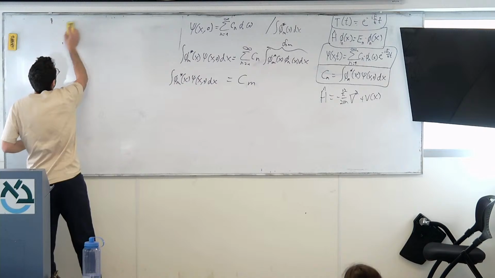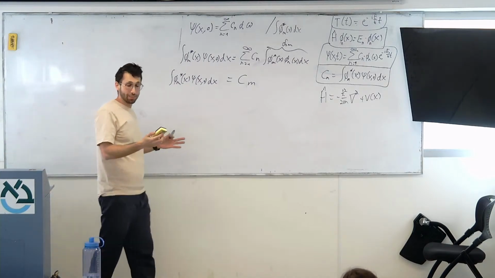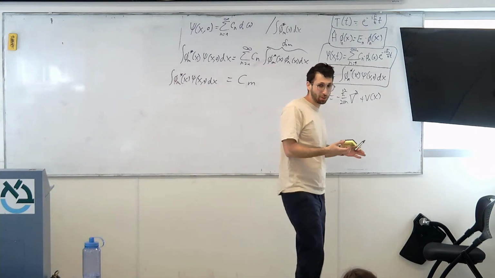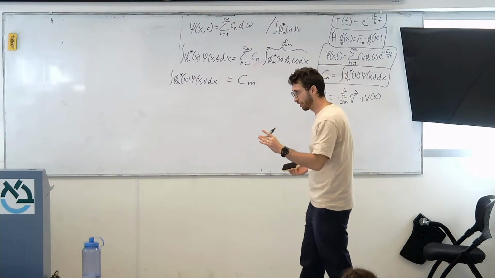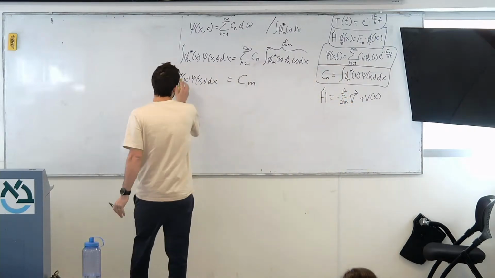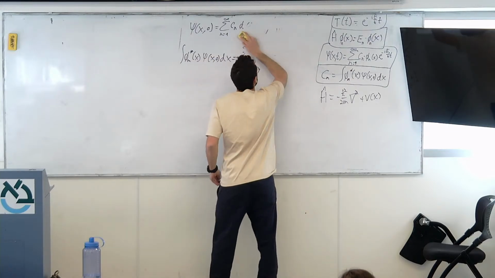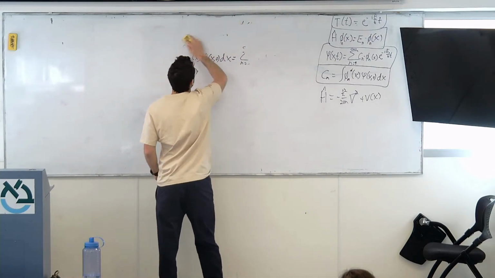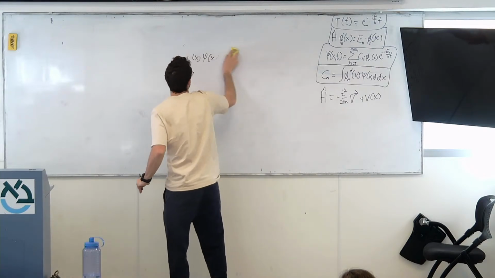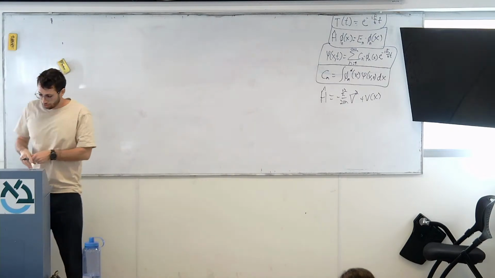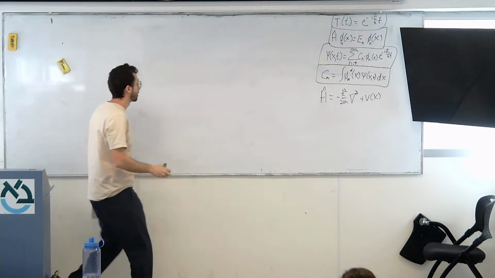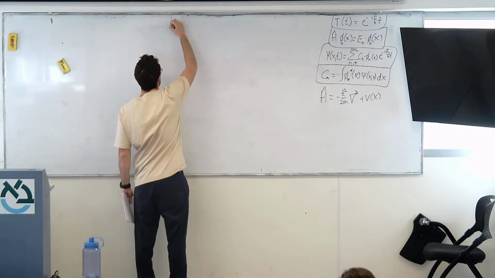So up until now, what we did is something very general for the Schrödinger equation. Now we're going to solve the specific problem of the infinite well. So how does an infinite well look like? Looks like this.